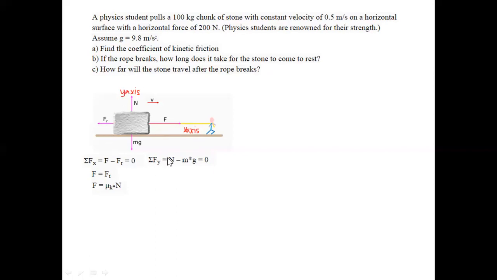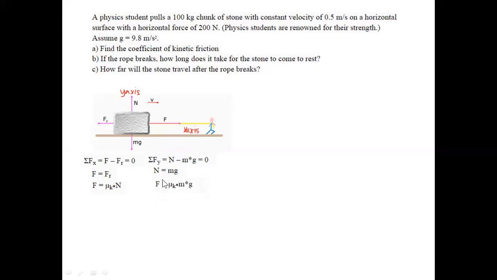We have positive N, since it is upward, minus the weight, mass times gravity, equal to zero since this is constant velocity. Transposing the weight to the other side of the equation, the normal force is equal to mass times gravity.